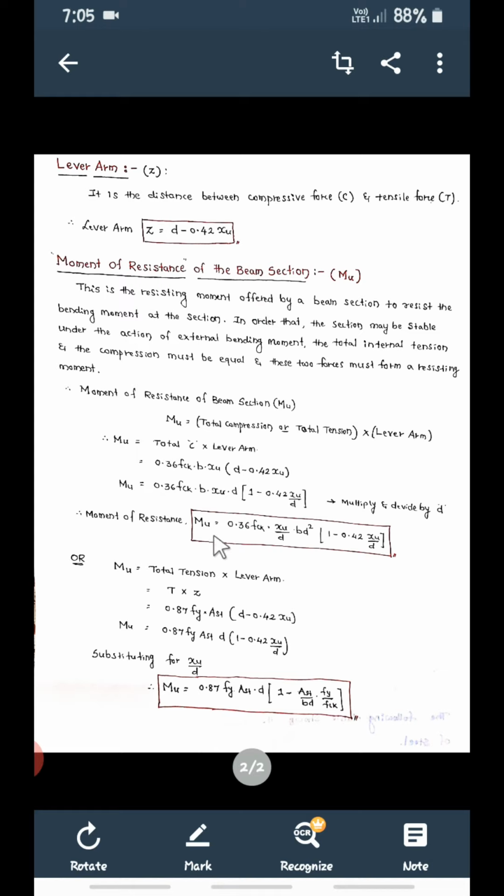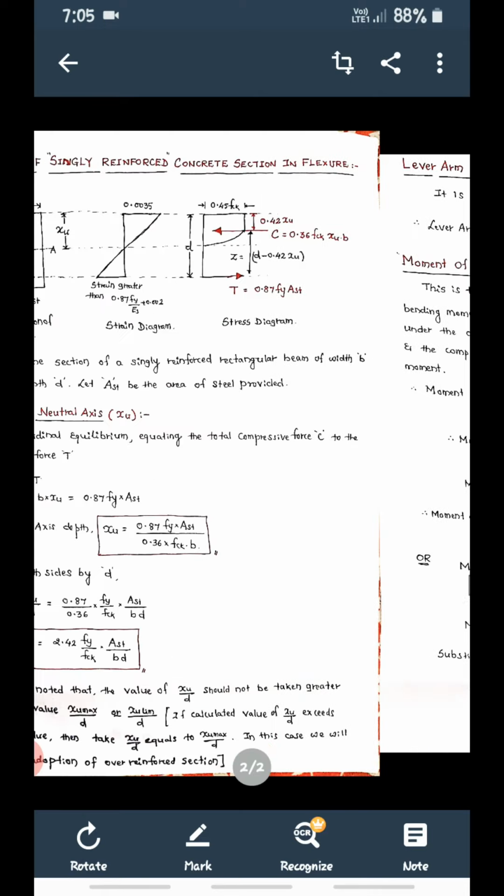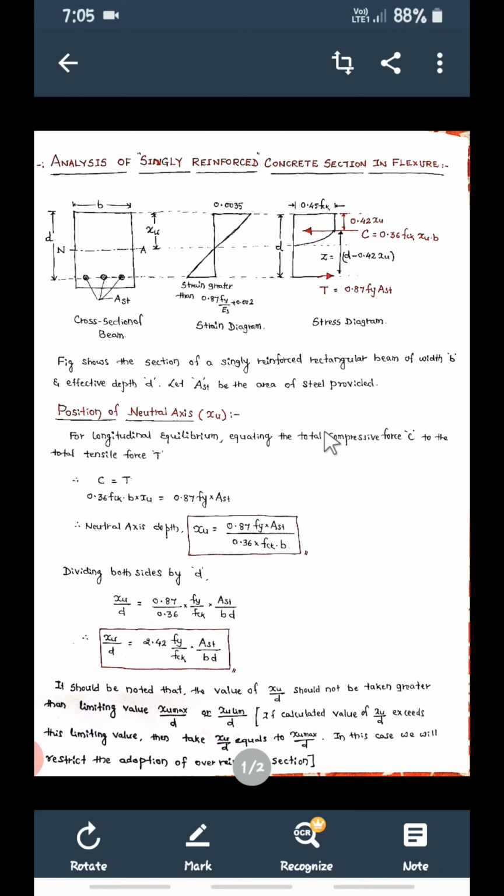This can be calculated using these two formulas, total C into lever arm and total T into lever arm. So today we have studied the important part of this RCC.